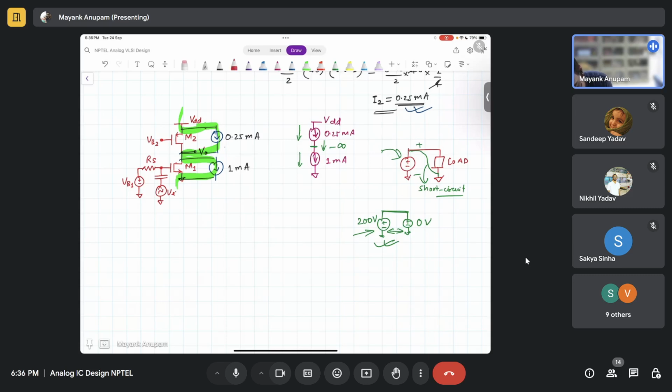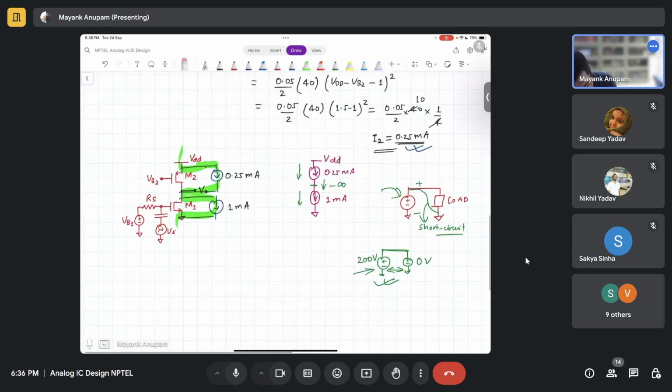It will go to a lower value. The voltage V naught will start going down till what point? It will start going down to the point where the transistors are no longer in saturation.